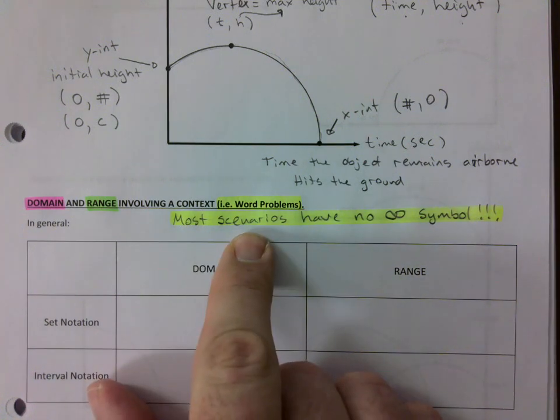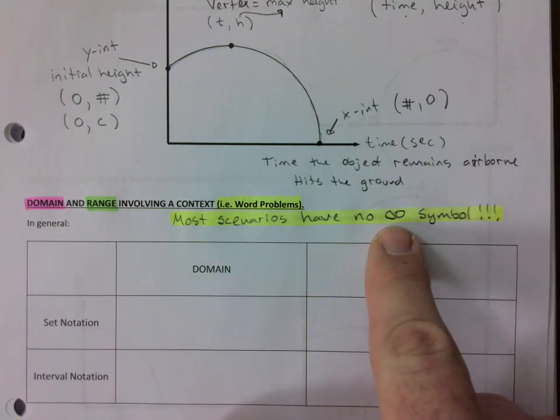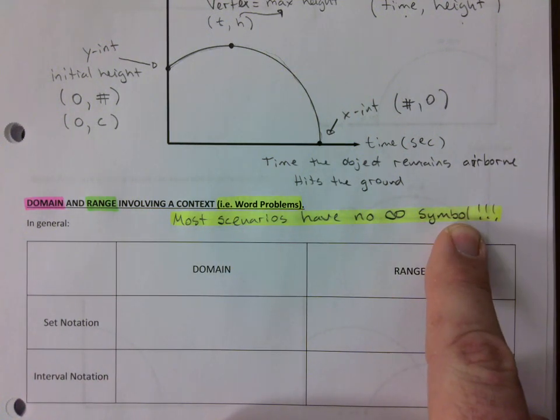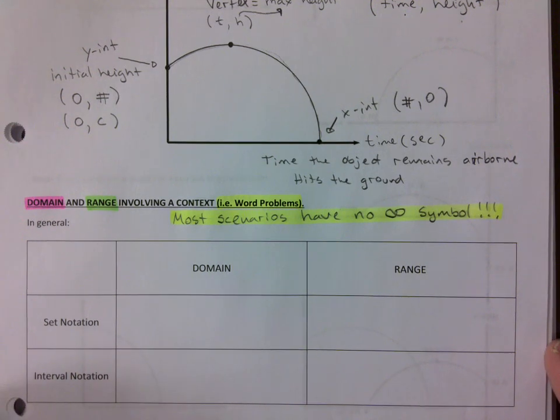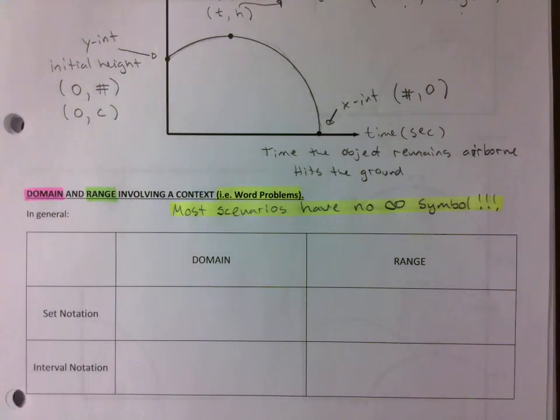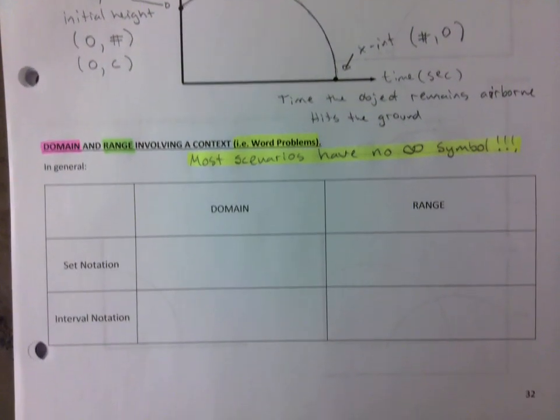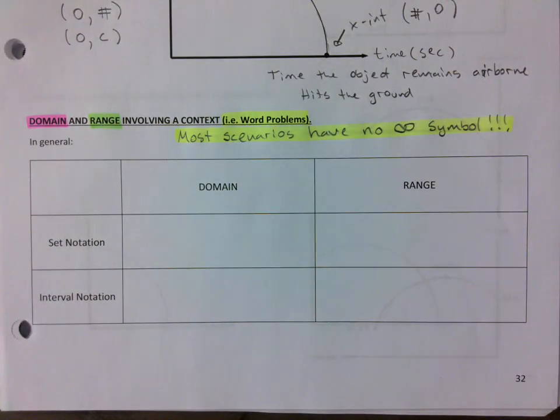So most scenarios have no infinity symbol. I can honestly not think in this course, next year you will have more infinity in grade 12, but in this course, not very often. The only time you have infinity is if there's no word problem associated with that question, all right?